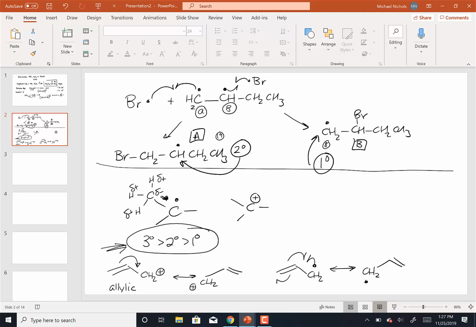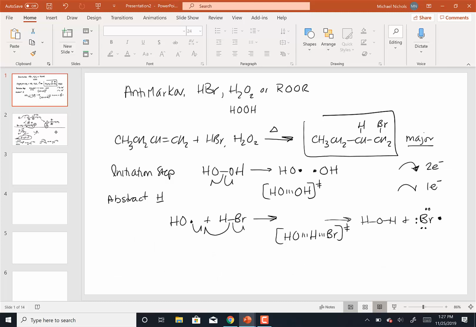Sabrina. Yes. But the H would add to the carbon with the most hydrogens. That's Markovnikov. Okay. So Markovnikov, remember, the H or the E plus adds to the carbon with the most hydrogens.